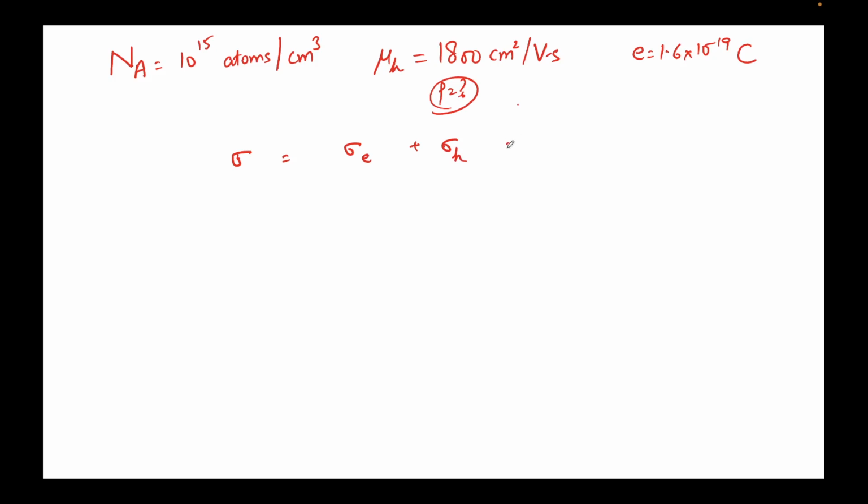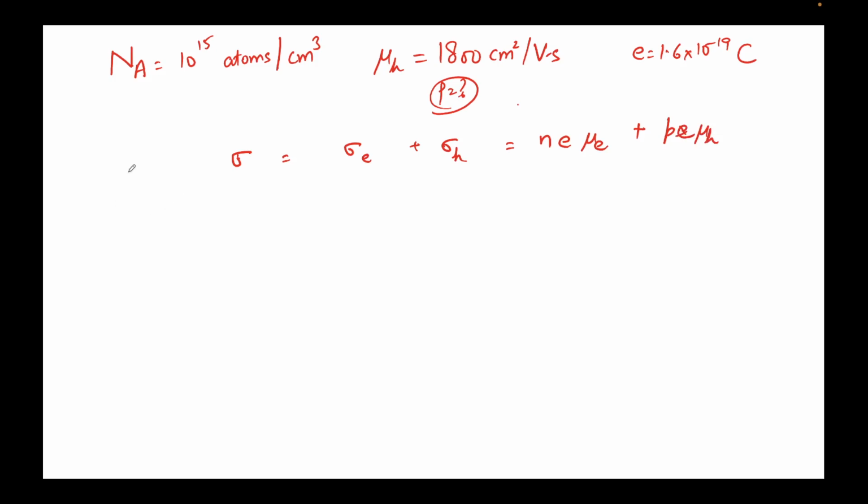Conductivity due to electrons can be written as number density of electrons N times electronic charge e times mobility of electrons. Similarly, the conductivity due to holes can be written as number density of holes P times electronic charge e times the mobility of holes.